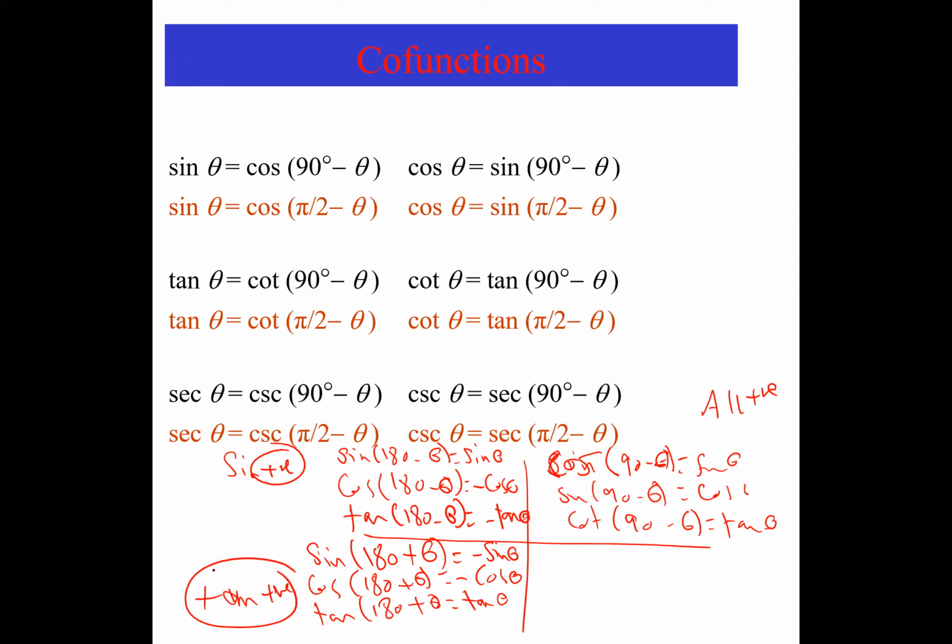Okay. Here sine 360 minus theta, or sine negative theta, equals negative sine theta. Cosine 360 minus theta equals cosine theta, because the cosine in the fourth quadrant is positive, and tan 360 minus theta equals negative tan theta. I'm going to solve some questions on these properties now.